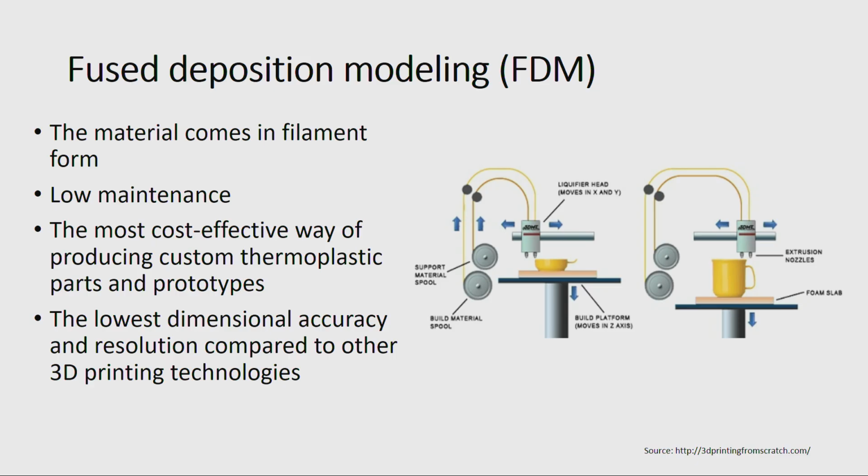In that fashion, here you can see there are 2 photos. A cup is being made. Here you can see a build material spool, where the 3D printer filament is stored, and next a support material spool.